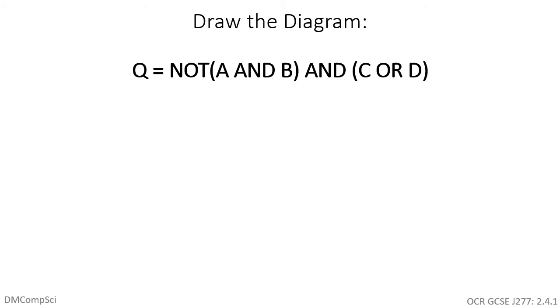So, firstly, in the exam, you can always get guaranteed marks on these types of questions by showing the inputs. So we can look and see what our inputs are straight away, and we know that they are A, B, C, and D. Obviously, I've shown you the circuit diagrams before, and on those diagrams, we had our inputs listed down the left-hand side.